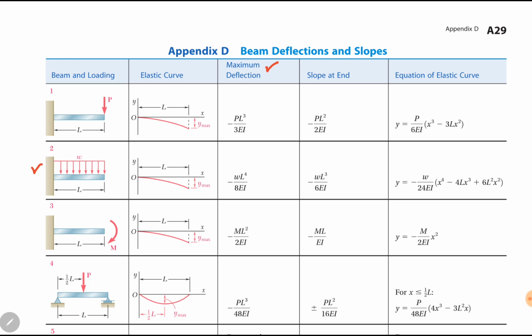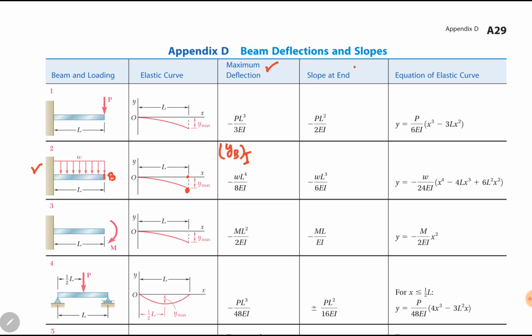For a cantilever beam, maximum deflection is at the free end, which is our point B in the given problem. So this configuration is exactly similar to the given configuration where the beam is under load W, the total length of beam is L. So this is our yB1.